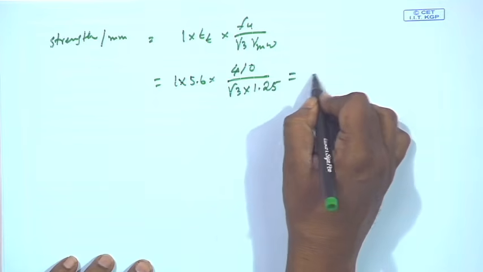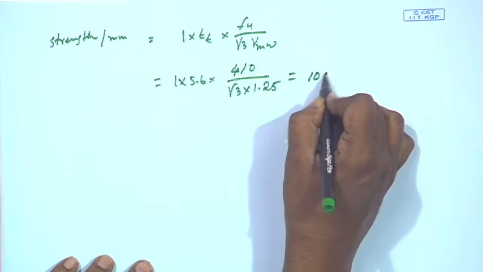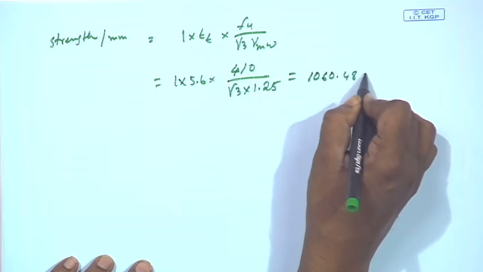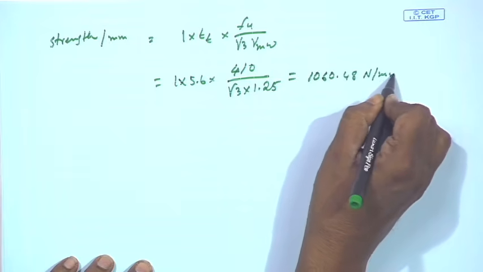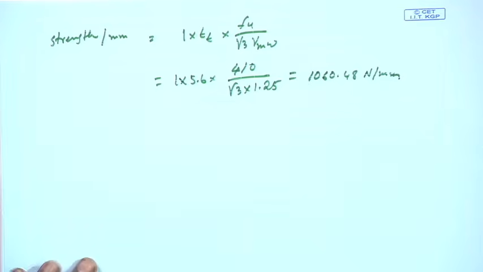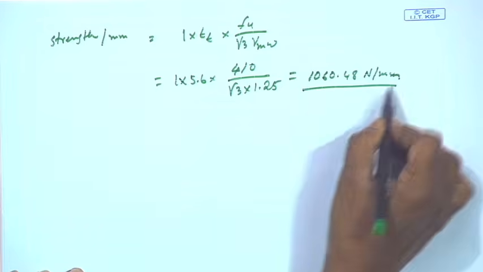So, this is becoming 1060.48 Newton per millimeter.